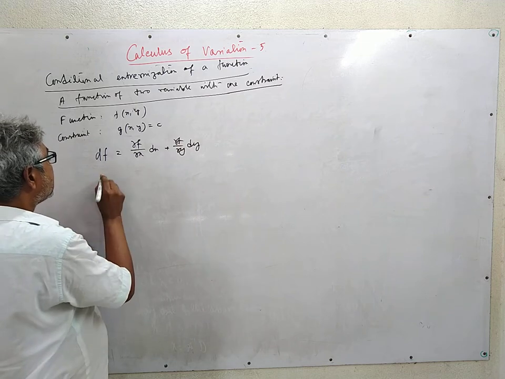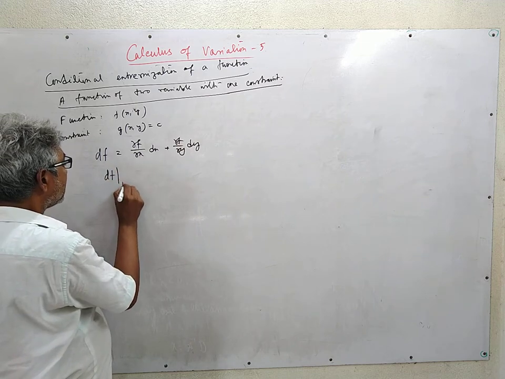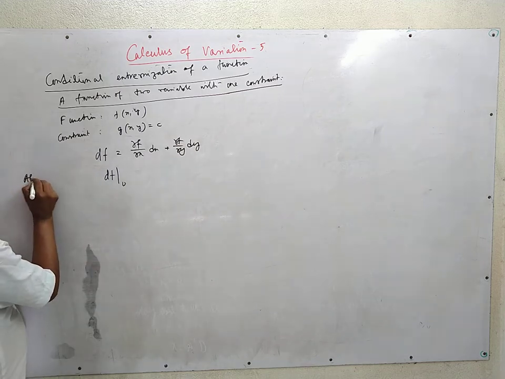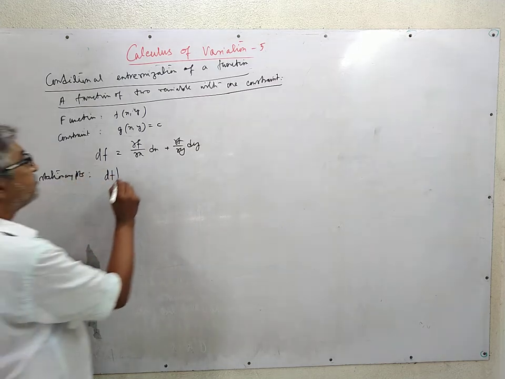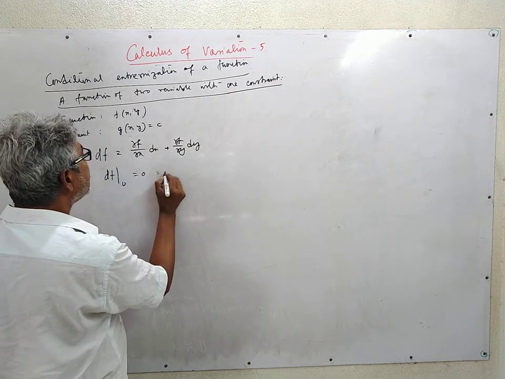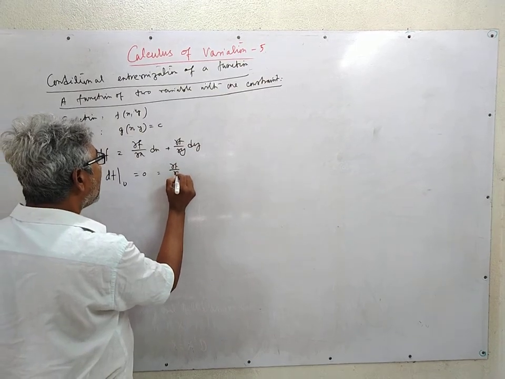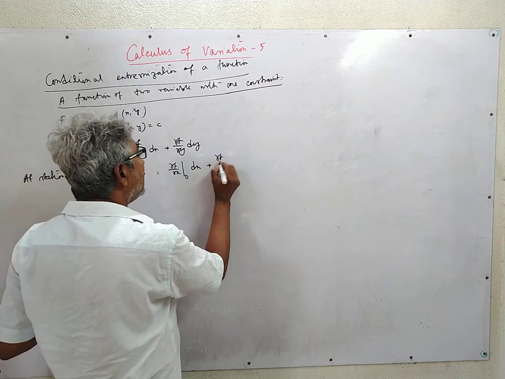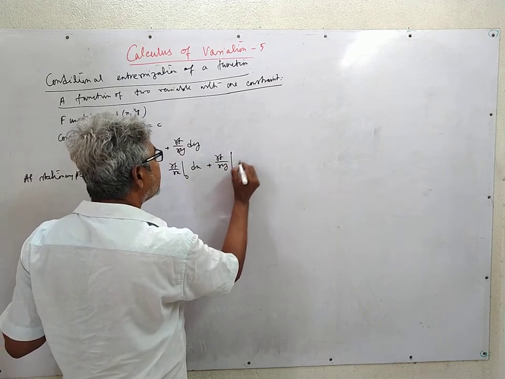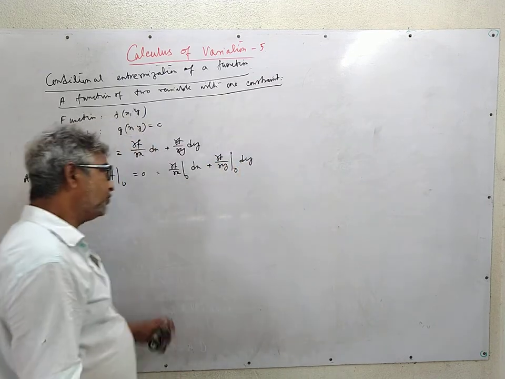So at stationary points, we have del f del x at 0 times dx plus del f del y at 0 times dy is equal to 0.